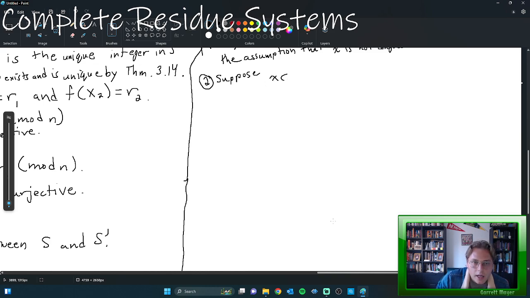Suppose x is an integer and is congruent to at least two elements in the set.